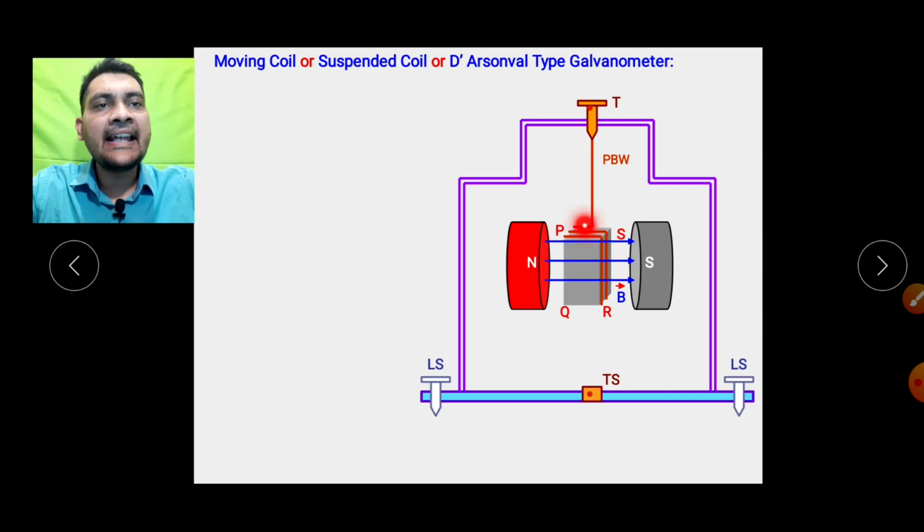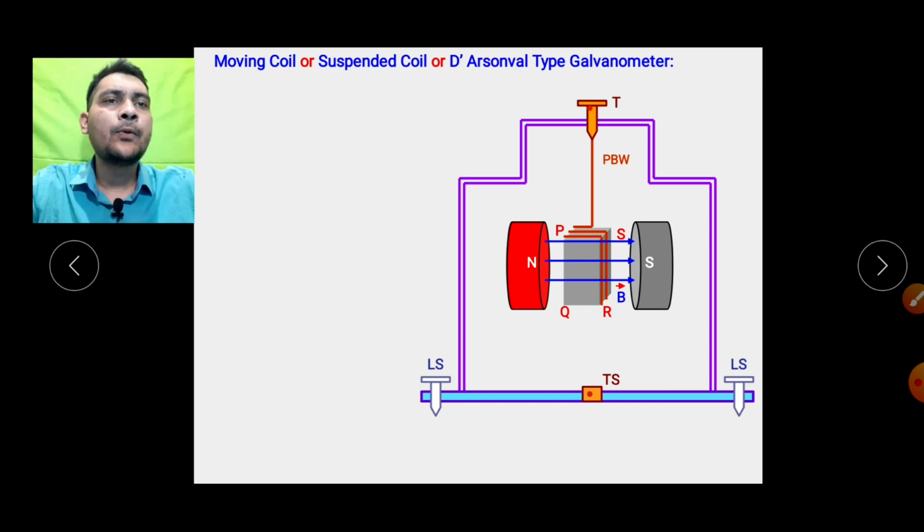So the coil is made up of low resistivity wire, generally gold, and it is wound in the form of rectangular loops over a good magnetic substance, over soft iron. Generally soft iron is used for making the core of a galvanometer. You can see that the coils are wound over the soft iron core.